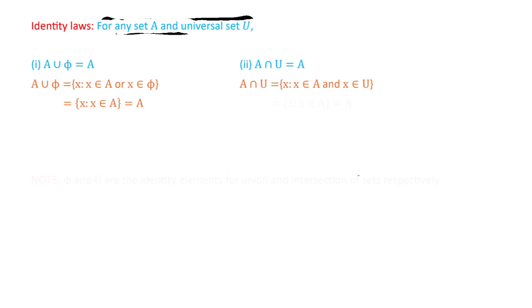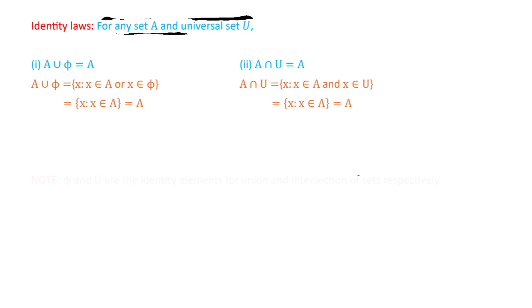Now we know that A is a subset of U. So if x belongs to A and x belongs to U, it means x belongs to A, because it is AND over here. We are talking about all those x which belong to the set A and belong to the set U. So they are the elements of the set A, and this is the definition for the set A. So this is the proof of these two results.